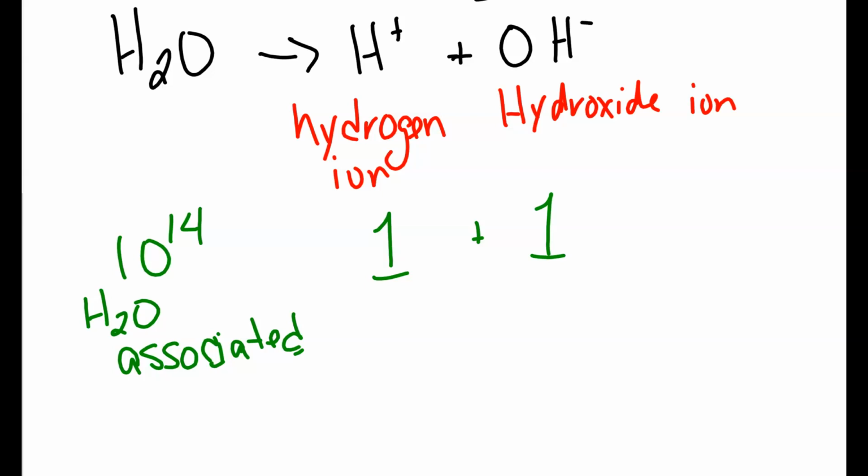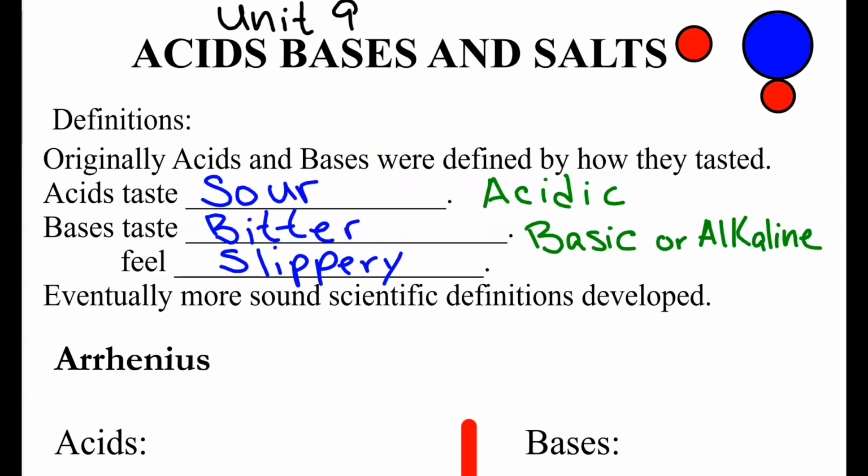So that's the ratio. For every 1 times 10 to the 14th water molecules, one of them has dissociated. And that's a constant that we know and that we've measured. More to come on this because this has to do with pH and the pH scale. So let's go back to our original slide and go back to talking about Arrhenius.